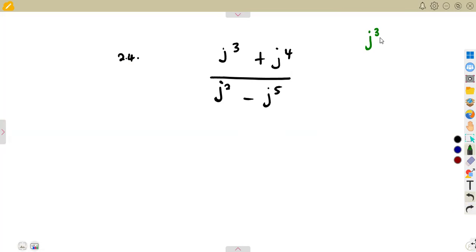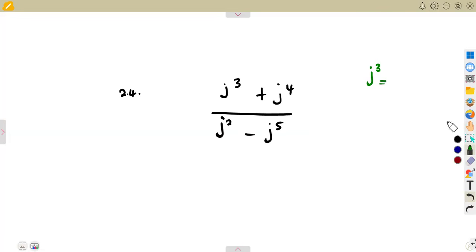Remember, in simplest form we write in terms of j squared, because we understand that j squared is equal to minus 1. So whenever you are given a j squared, you have a minus 1.